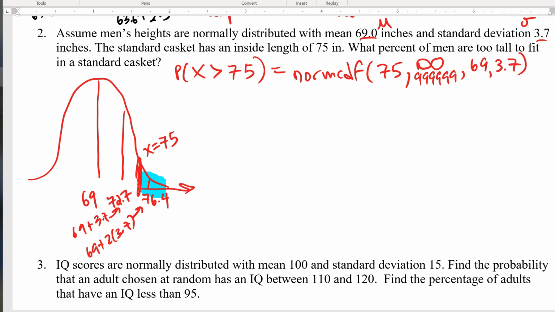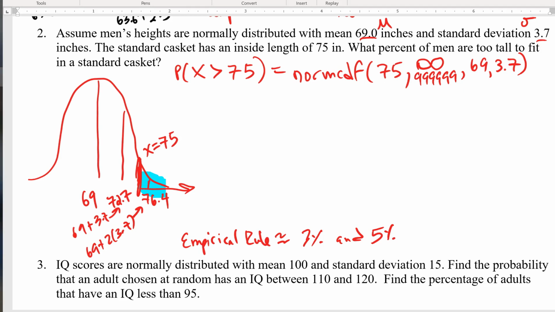Just looking at this, once again, using the empirical rule, I can say, all right, I know this was 34%, I know this is 13.5%, 68, 95. This is probably going to be less than, I don't know, between maybe 3 and 5%. 68, 95, so this is like 2.5% plus a little more.